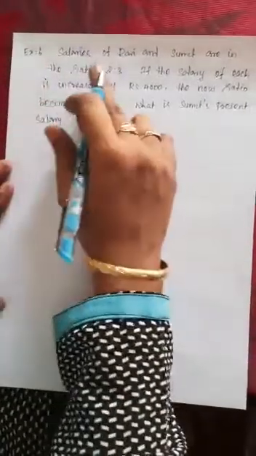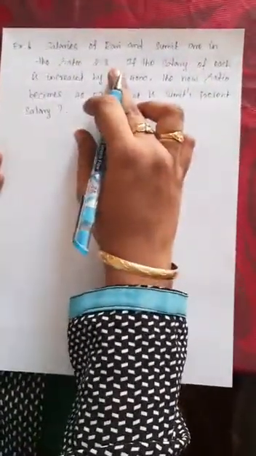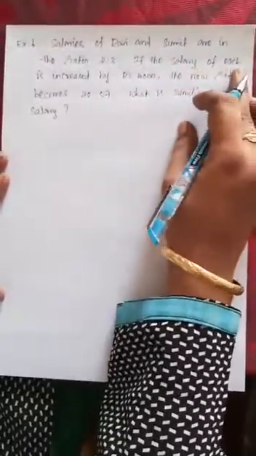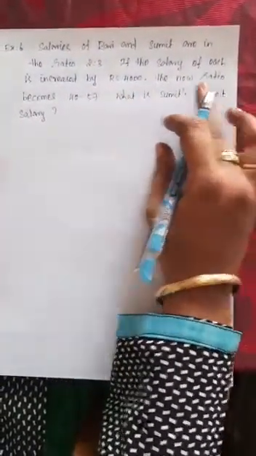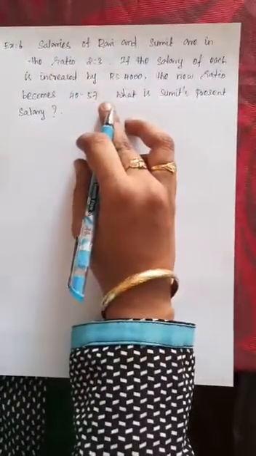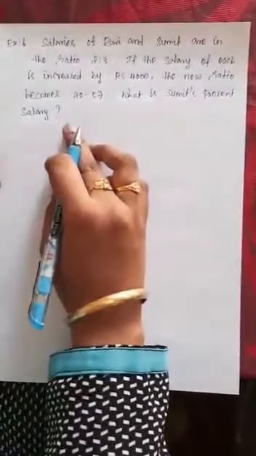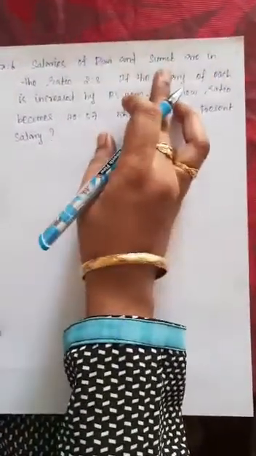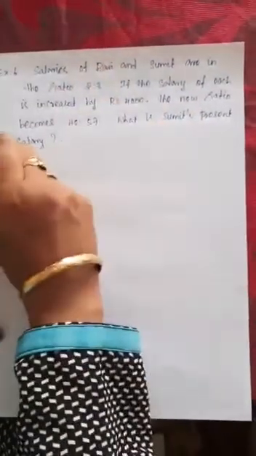And the next example. Salaries of Ravi and Sumit are in the ratio 2:3. If the salary of each is increased by 4,000, the new ratio becomes 40:57. We have to find Sumit's present salary. So let the original salaries of Ravi and Sumit be 2x and 3x respectively.